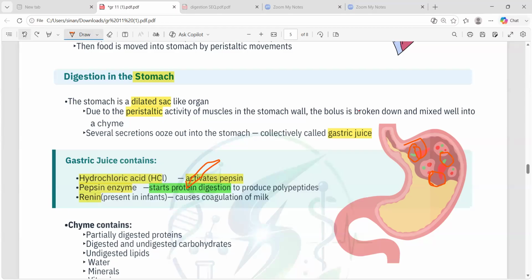So if an enzyme is converting complex molecules into simple molecules, how do we call that? Is it mechanical digestion or chemical digestion?